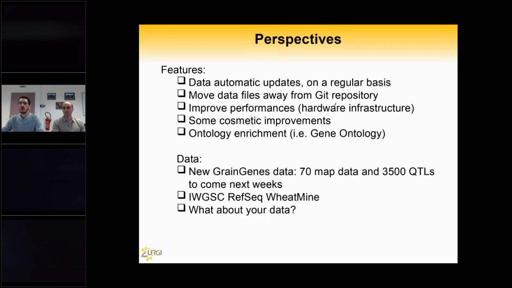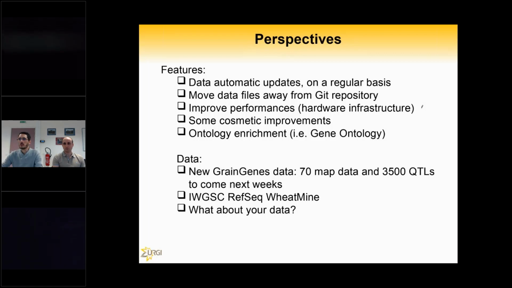We plan to improve performance mainly by moving our hardware and infrastructure and having a dedicated virtual machine in an on-premise cloud at INRAE, for instance. We have some cosmetic improvements under the hood. Tanner already spoke about that a few weeks ago.